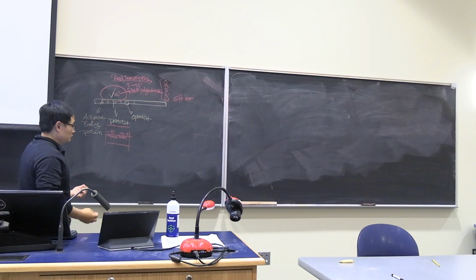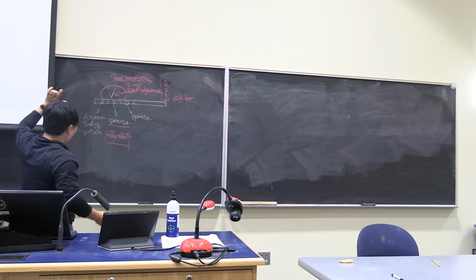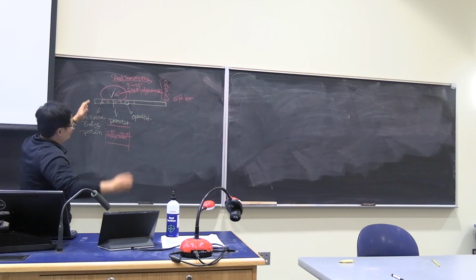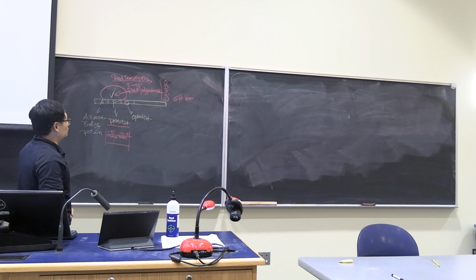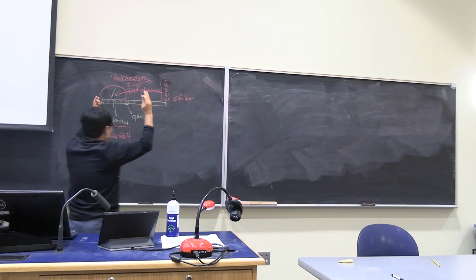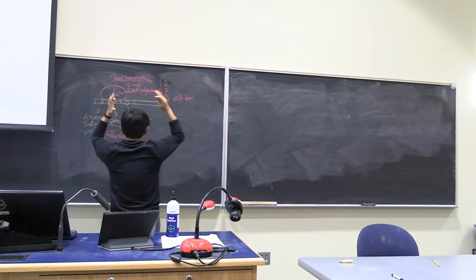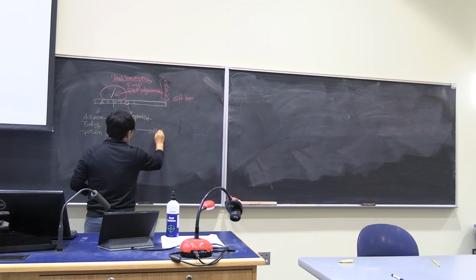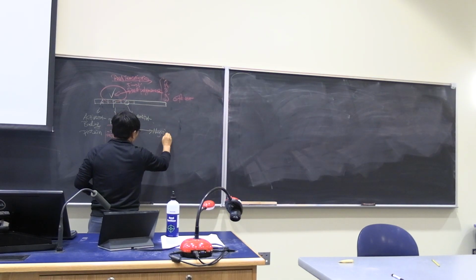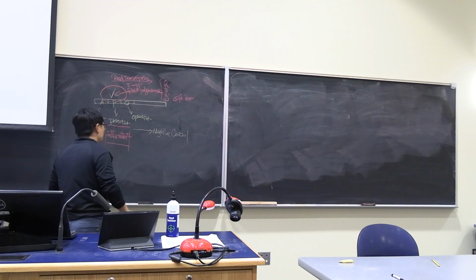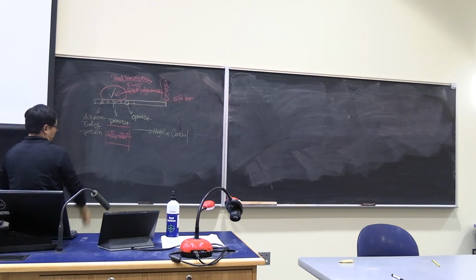Okay? Now, since you have a left side, activator binding protein, we call it A, and you have a right side, it's called operator. Everything that happens when you're facing the blackboard on the right side is called a negative control. And everything that happens on the left side is positive control.